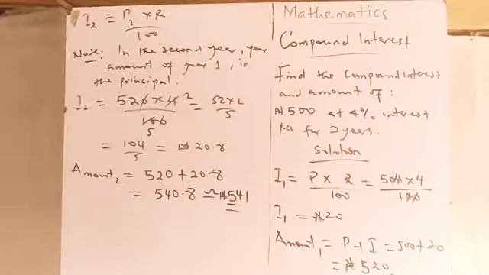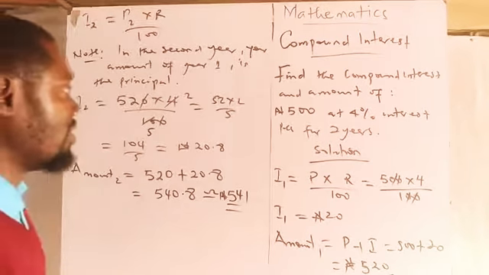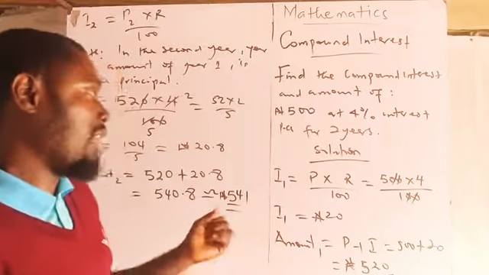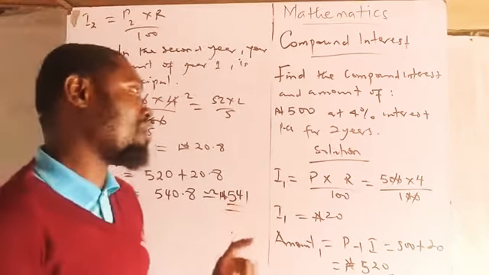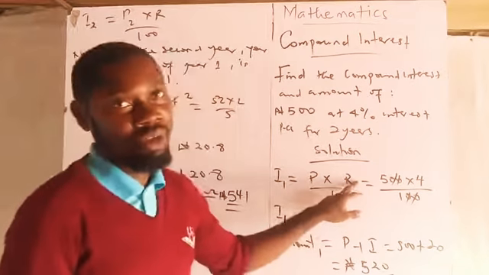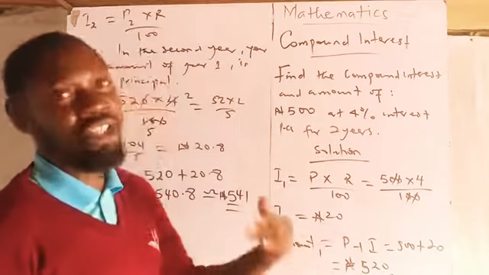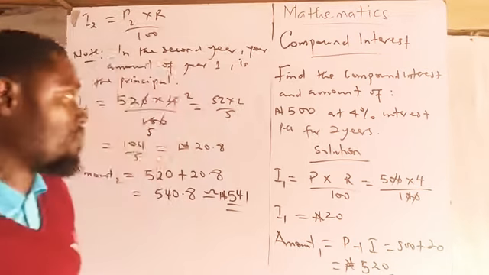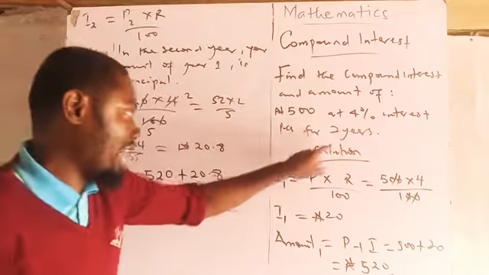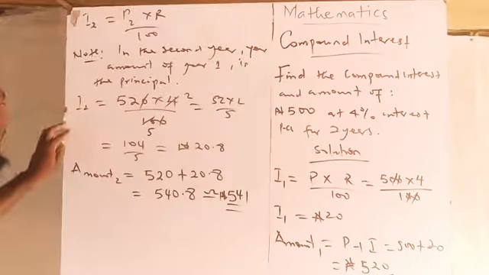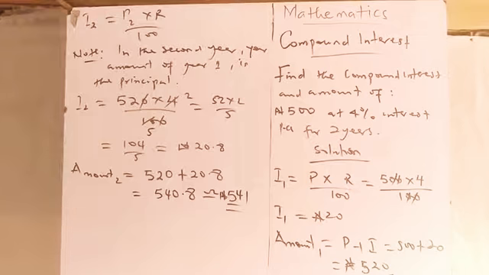If you're solving compound interest, you look at the years given. Remember, I said if you're looking for compound interest, you don't attach the year to the formula, but you break out each of the years. If you're dealing with 3 years, for example, it means we need to find the third interest and the third amount.